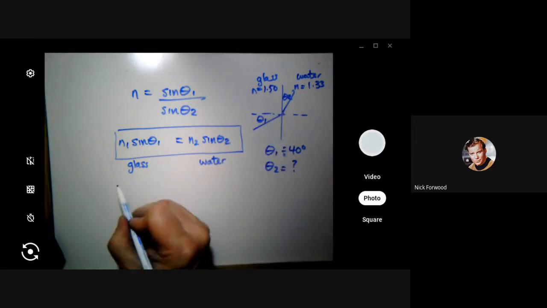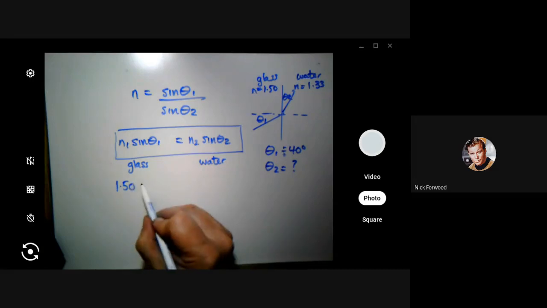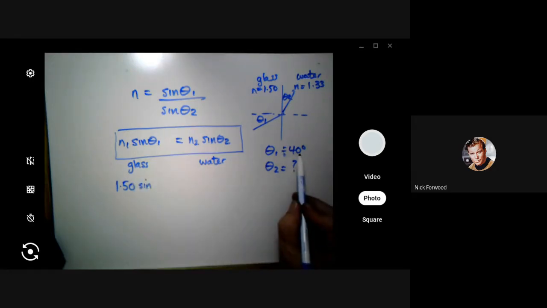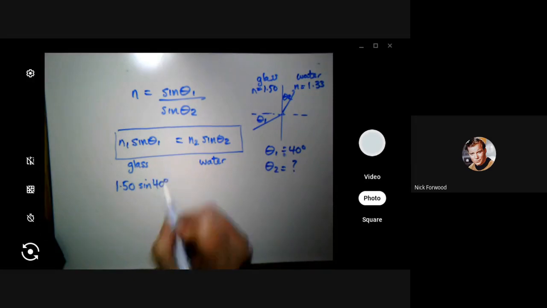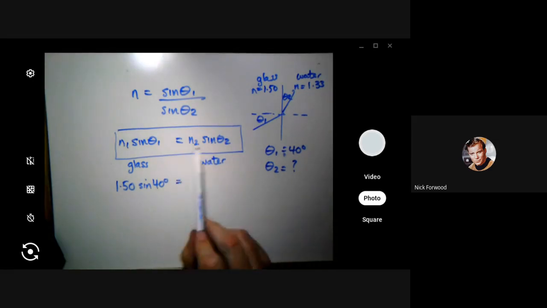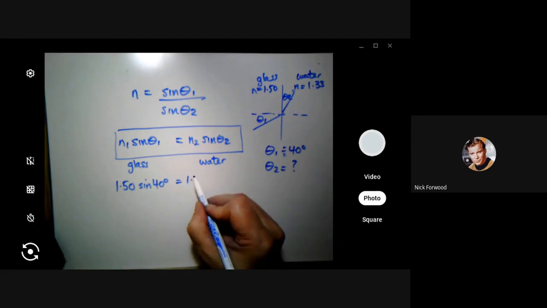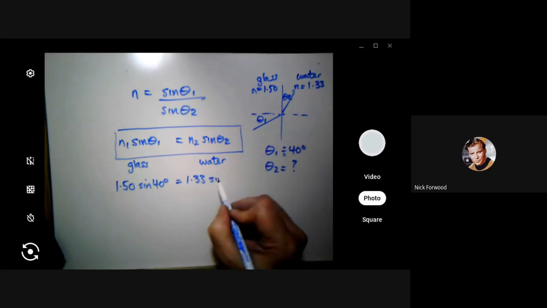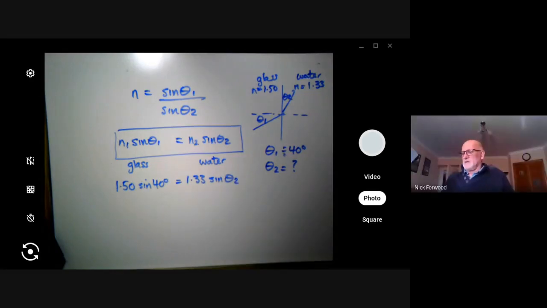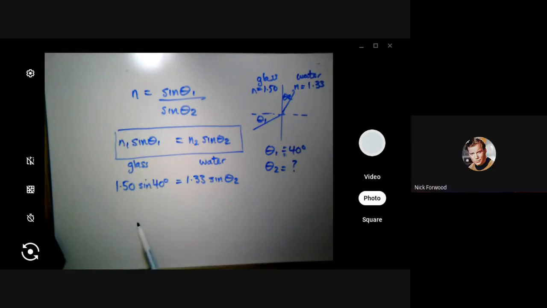So I've got 1.50 times the sine of my correct angle, 40 degrees, not the 50 that you might have thought it is, and that is equal to, for the second material, 1.33 times sine theta 2. So I've got my formula. This is a bit more advanced. The formula is not given to you. It's definitely a problem-solving sort of thing. Four variables, three known, one unknown.